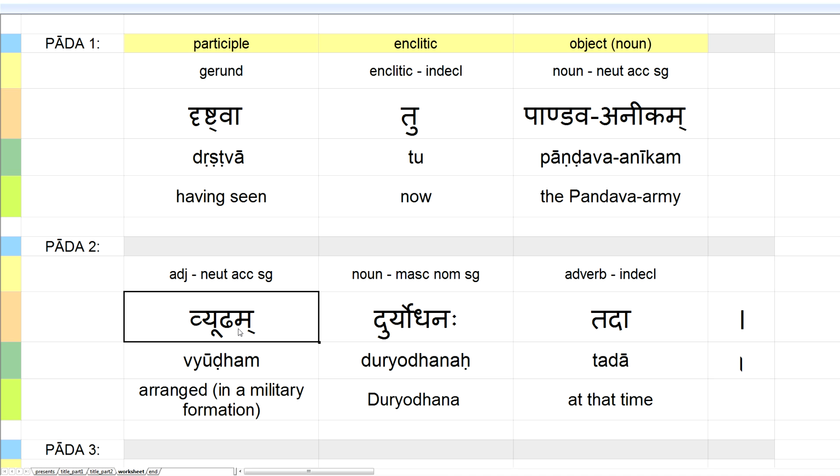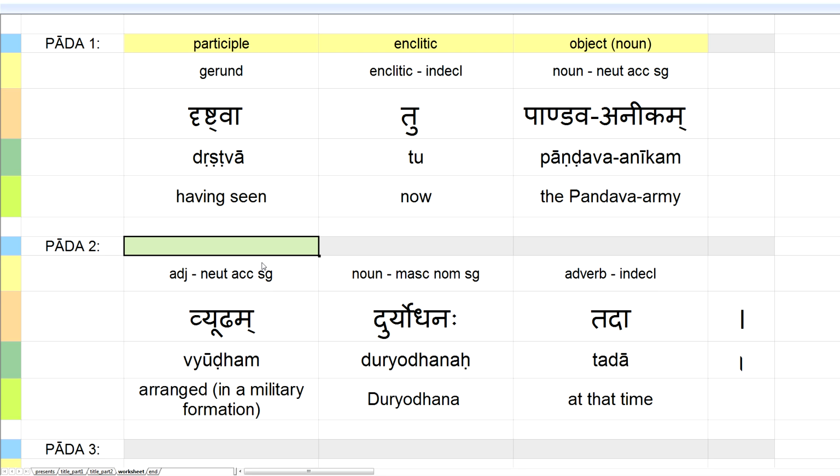So vyudham modifies anikam, and that means this is also in the same clause, and we may say it is also an object, although it's modifying the object.